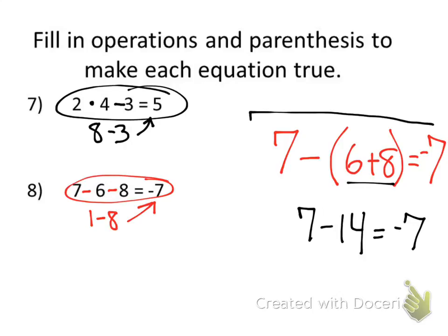Yes. If she left the parentheses out, would it work? No, it would not. You'd end up with 9. So here the parentheses do matter. So again, I would write out what you think's going to happen and then go through it step by step following your parentheses, exponents, multiply, divide, add, subtract, and see if you end up where you thought you would. Either one of those is fine. Very good. Questions?